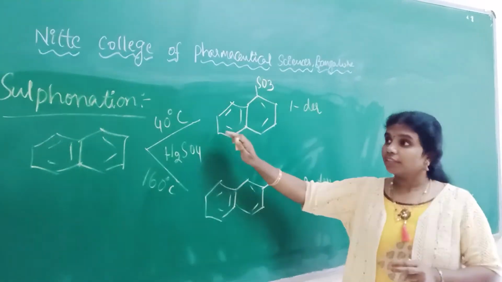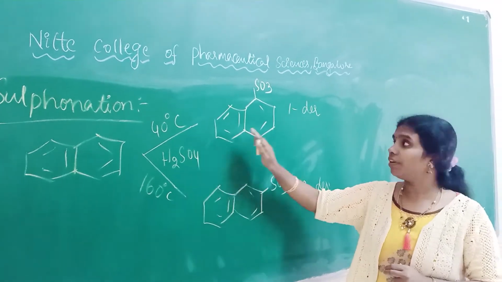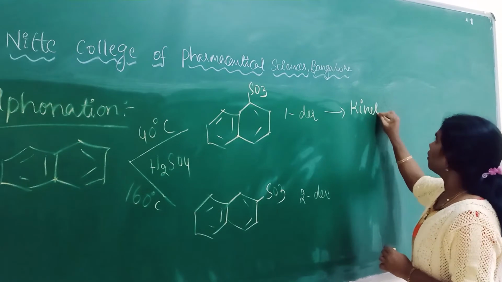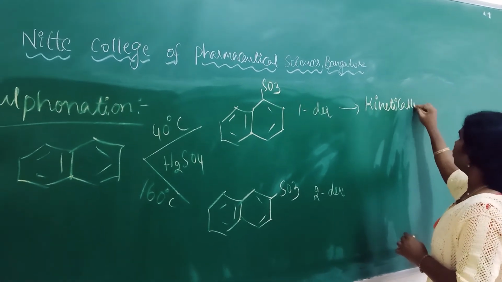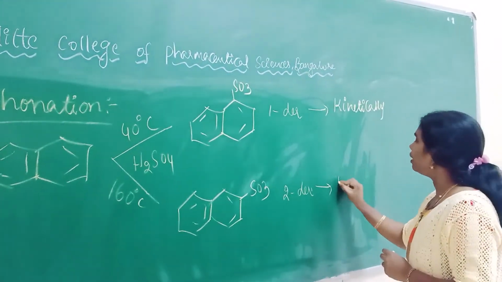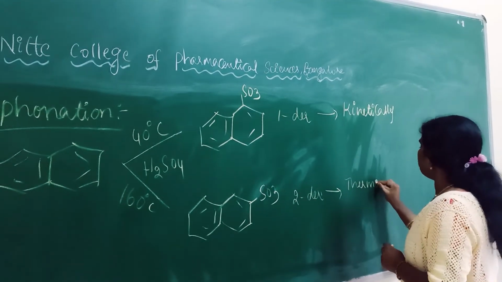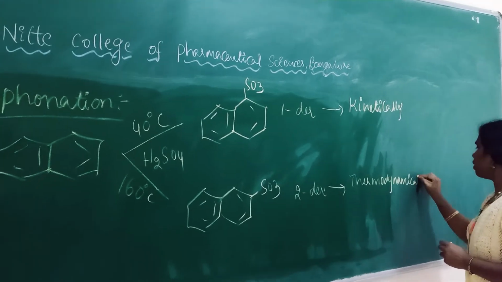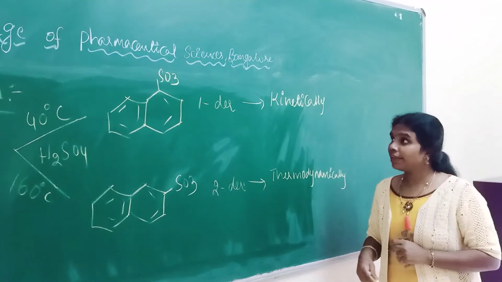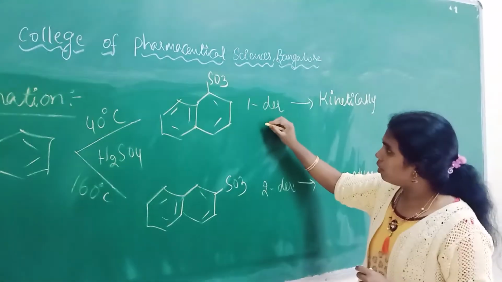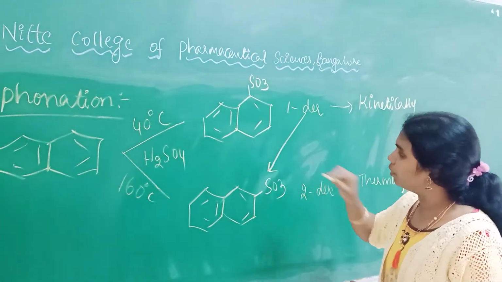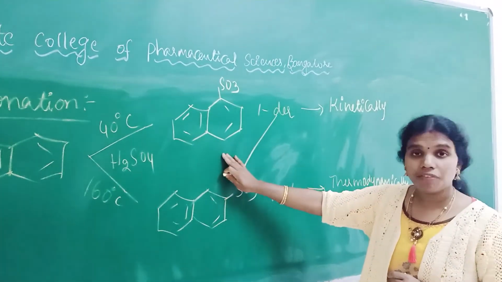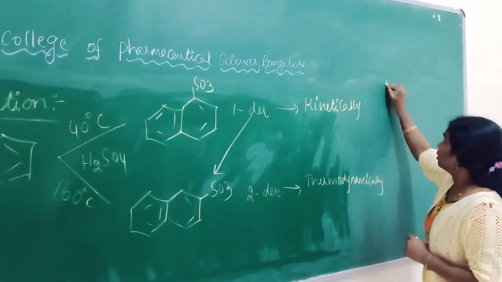That means the low-temperature 1-derivative is kinetically controlled, and it happens according to the mechanism, whereas the 2-derivative is thermodynamically controlled, forming at higher temperatures. Even the 1-derivative can be converted again to the 2-derivative, because the 1-sulfonaphthalene is unstable.